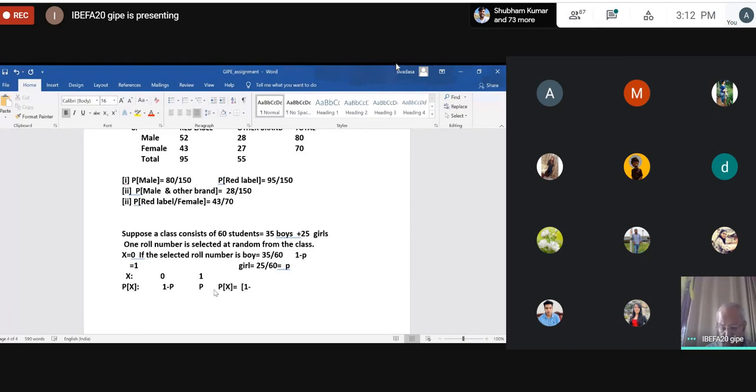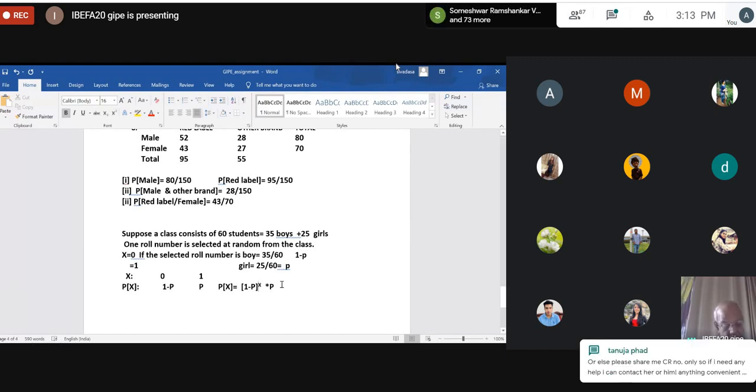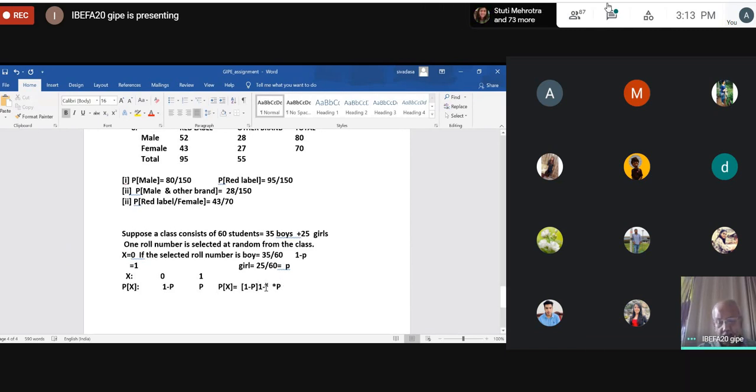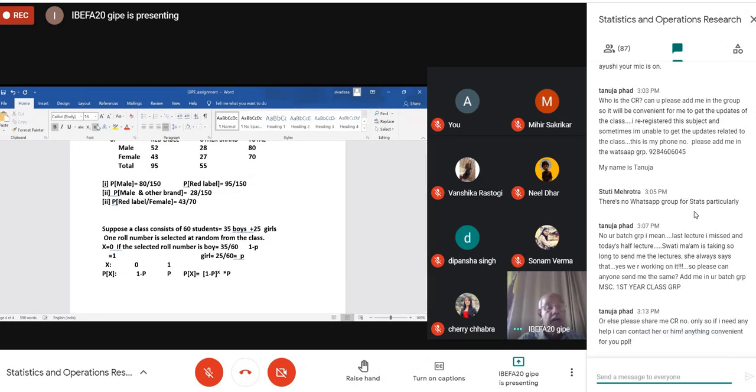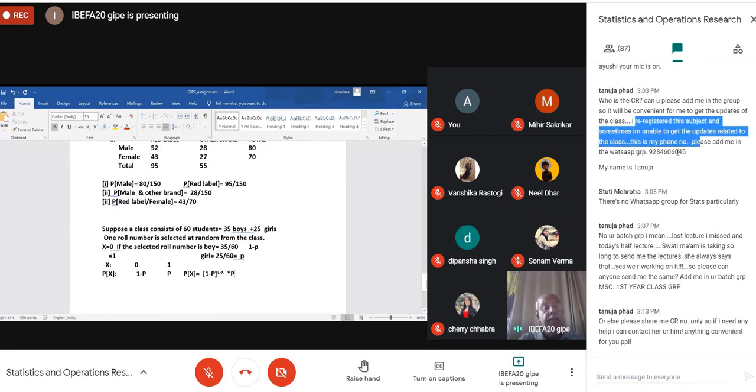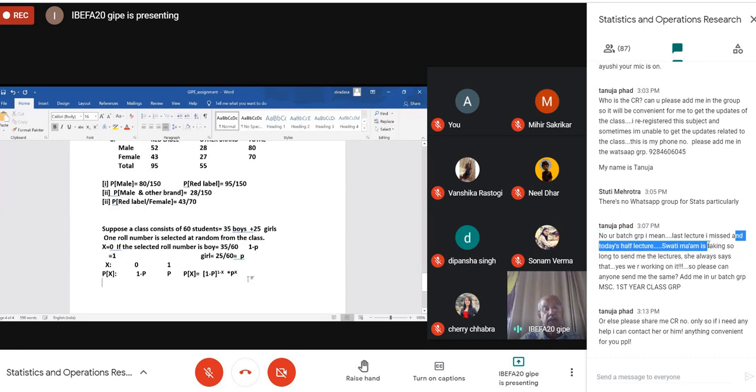Bracketed 1 minus P to the power 1 minus X, multiplied by P to the power X. See that.